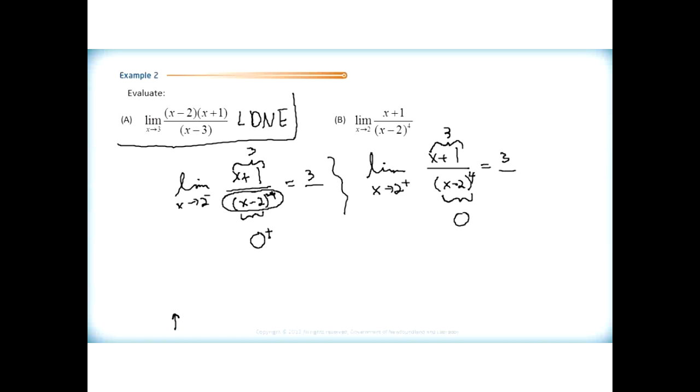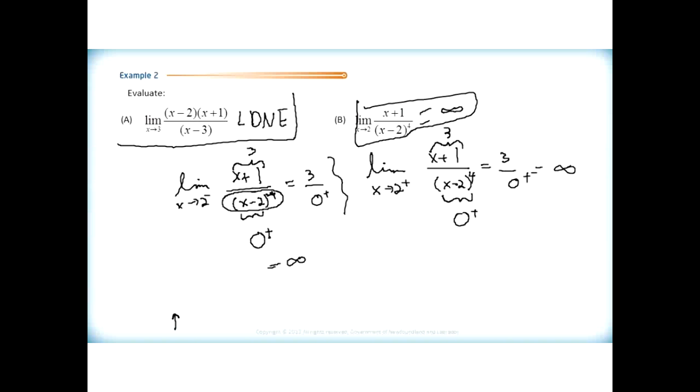As long as we're approaching 0, raising it to the power of 4 will always give us 0 through positive numbers. So in both of these cases, we're approaching positive infinity. And if we're approaching positive infinity, then overall this limit does exist, and it's equal to infinity.